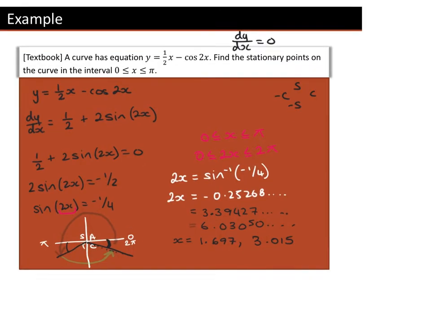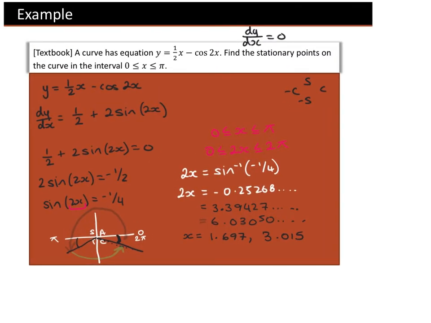For the first one, y equals a half x minus cos of 2 times x, using 1.697. It's really good to try and be at least 3 significant figures. Here they've done 3 decimal places. Try and be as exact as you can.